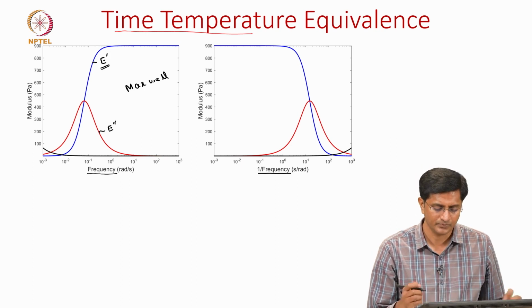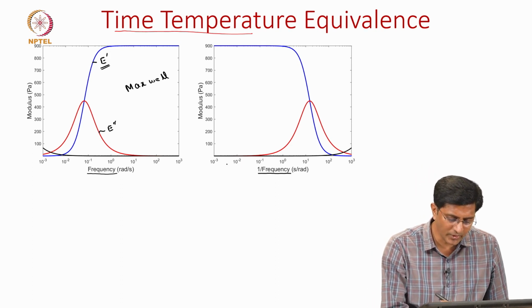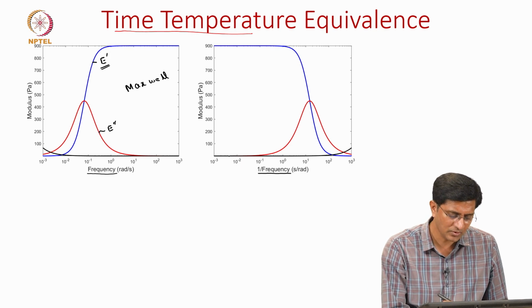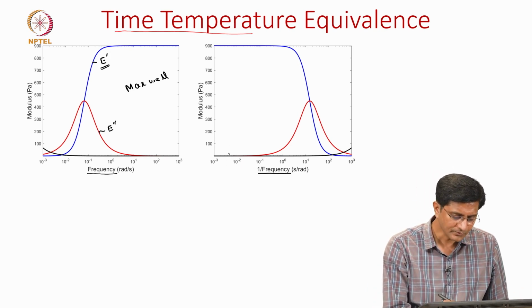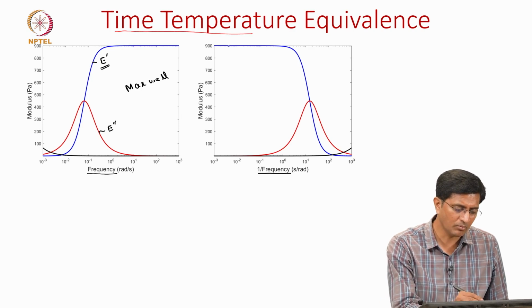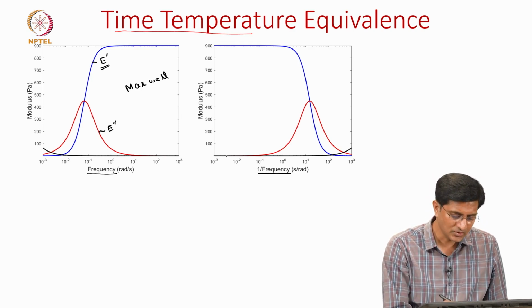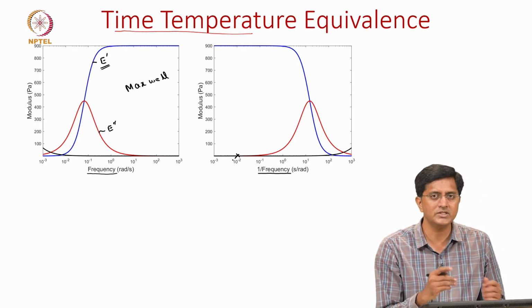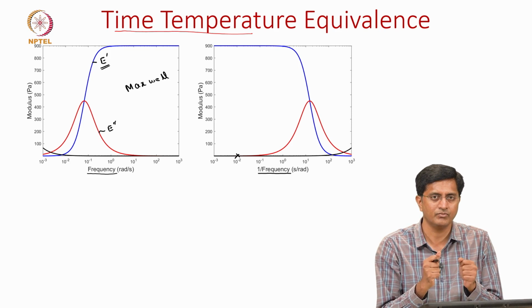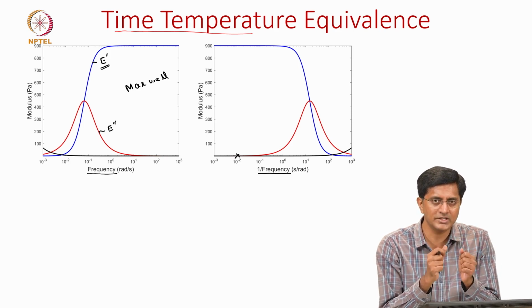In the previous lecture as well we mentioned that 1 by frequency gives you a sense of time. So, at low times, or if your tests are done fast, your modulus is high. So, when 1 by frequency is low, it is a sudden test, because the time available is less.